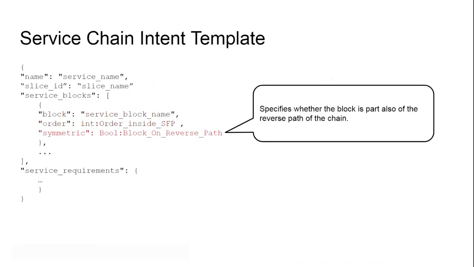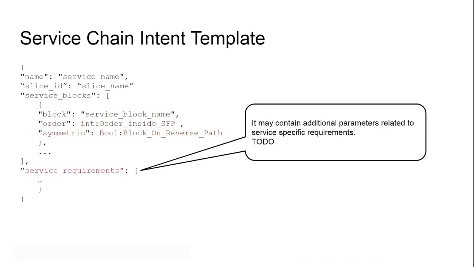And finally, a value called symmetric, in which we specify whether the block should be part of the reverse path of the chain or not. We also thought of adding an additional parameter called service requirement, which is still ongoing.